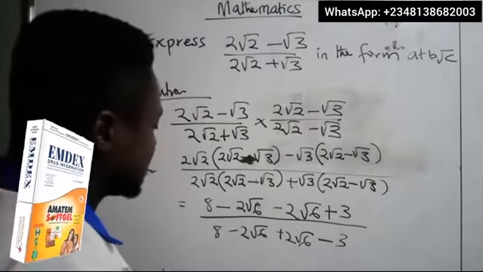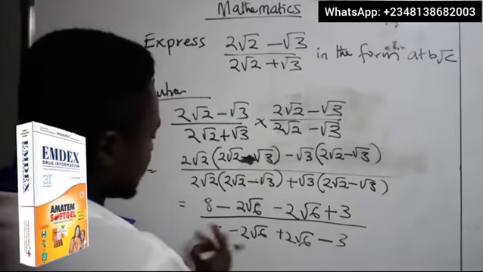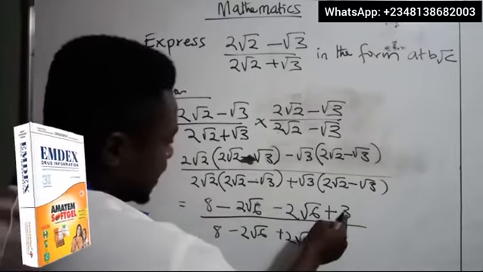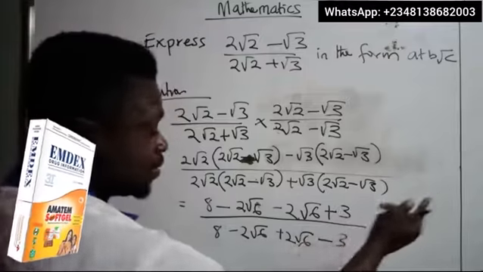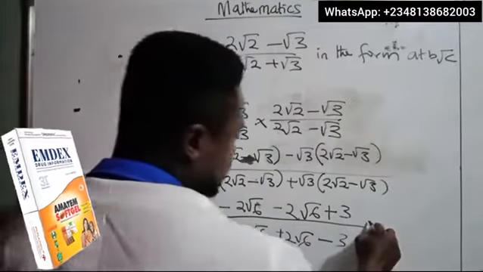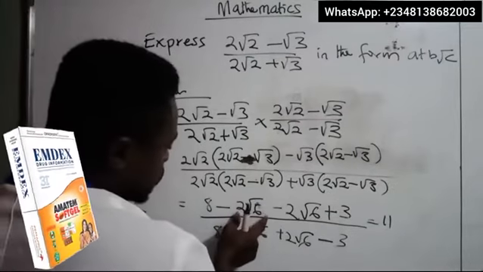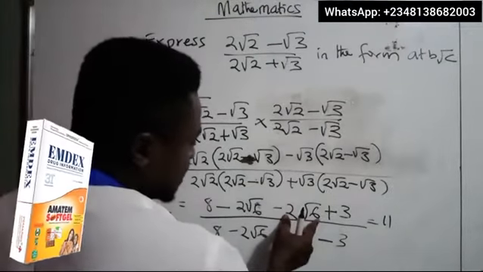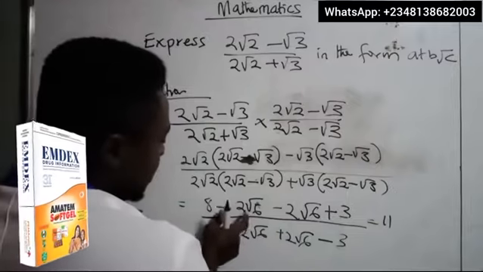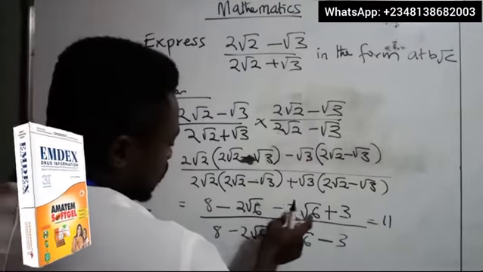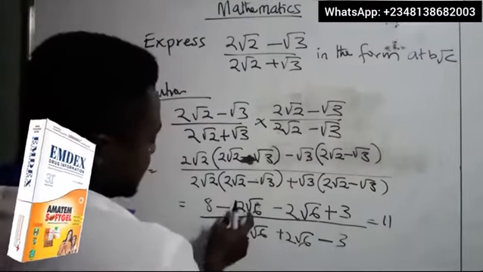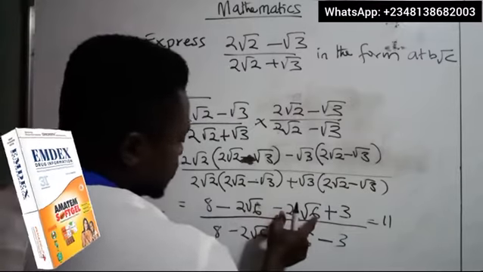Now let us collect like terms. As you can see here, 3, 8 and 3 are like terms. So 8 plus 3 will give us what? 11. Minus root 6 and minus root 6 are like terms. So let us get the sum: minus root 6 minus root 6.